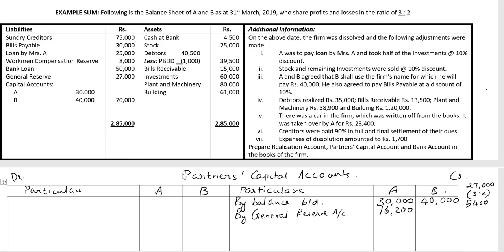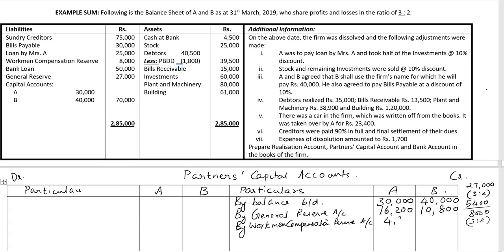And in the case of partner B, it's 5,400 multiplied by 2, which is 10,800 rupees. Next, we'll distribute the workman compensation reserve, 8,000 rupees in 3:2. 1,600 into 3 for partner A, 4,800, and 1,600 into 2, which is 3,200 for partner B.